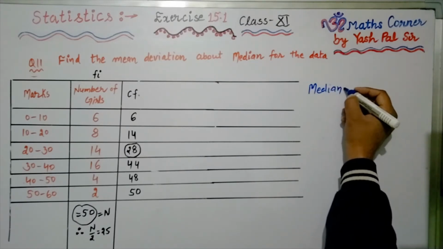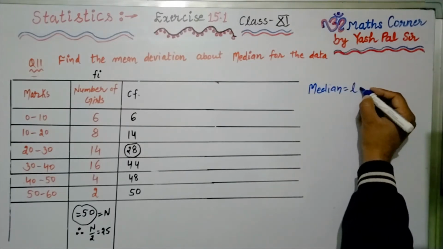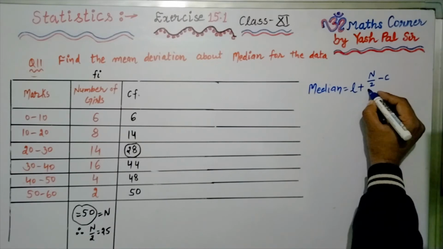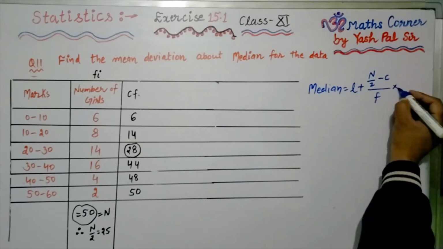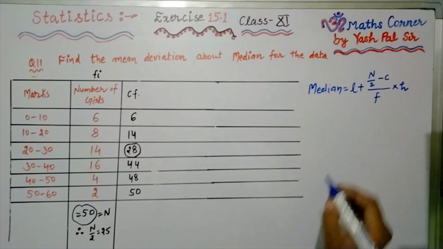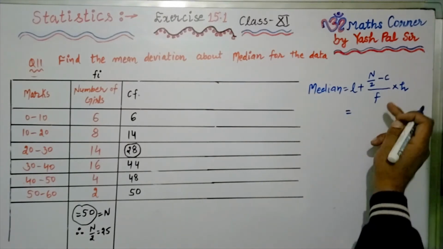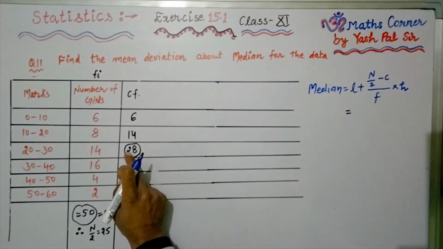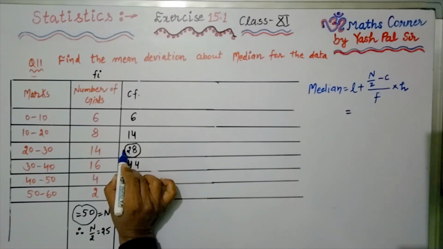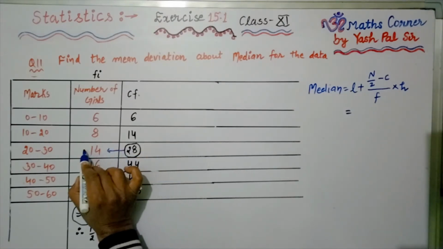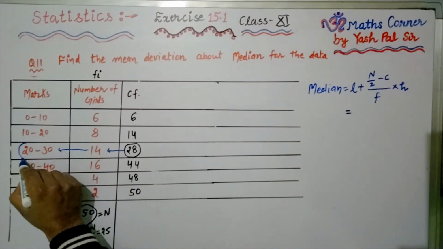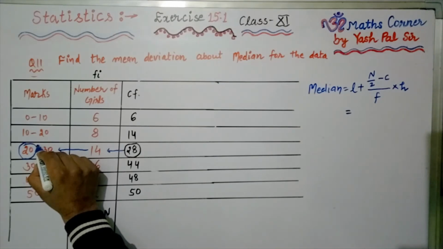Now what is the formula for median? Median is equal to L plus n by 2 minus C, divided by f, into h. Now from where are these values to be obtained? 28 in front of this, this is the median class.